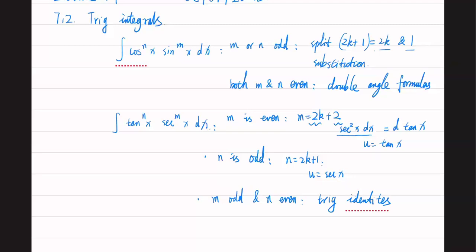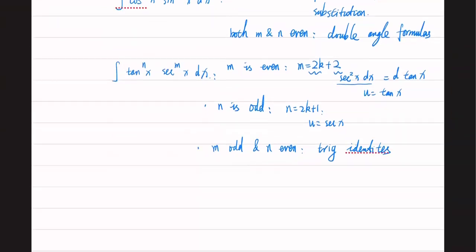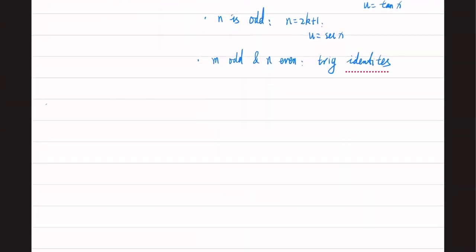So we have learned a lot of how to integrate these trig functions: cosine, sine, tangent, and secant. Now we want to utilize our knowledge on these trig integrals to do more general integrals, trig substitution.